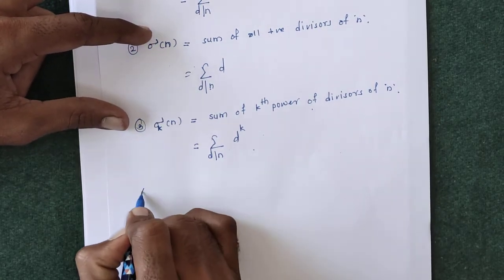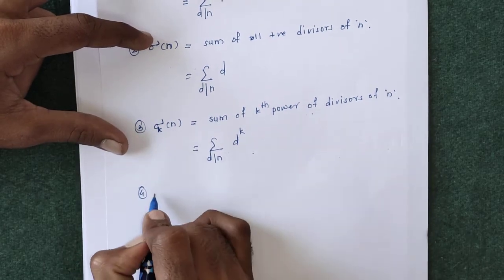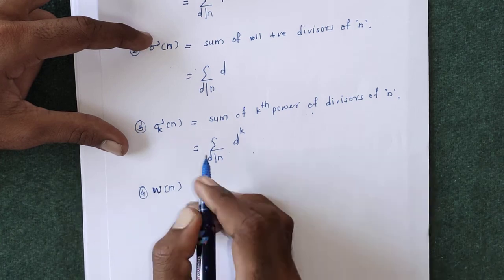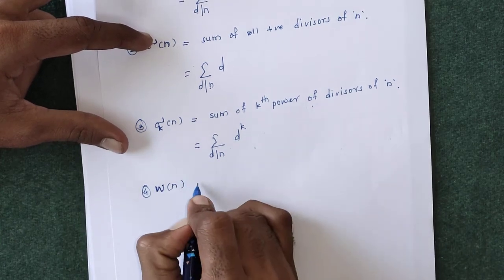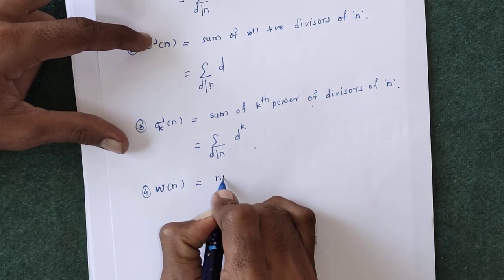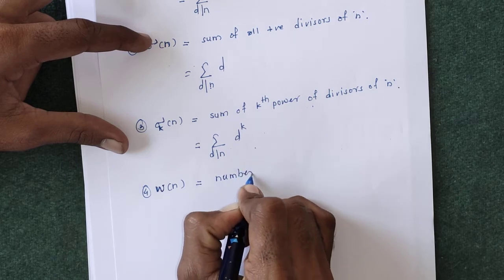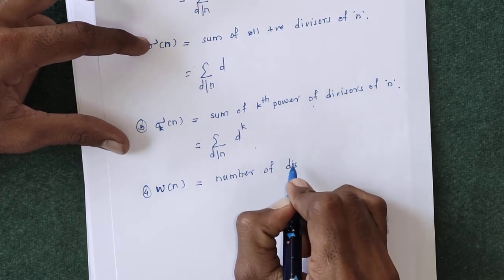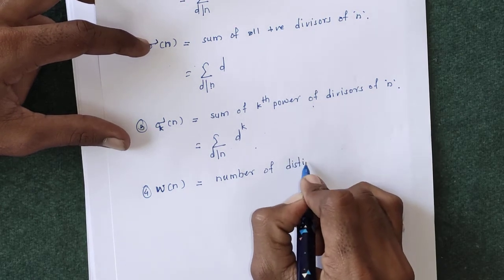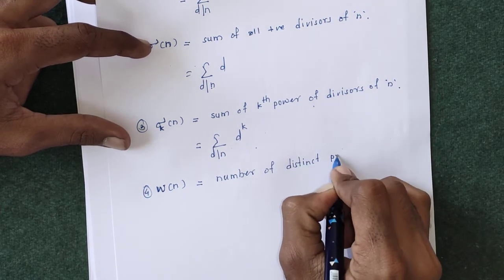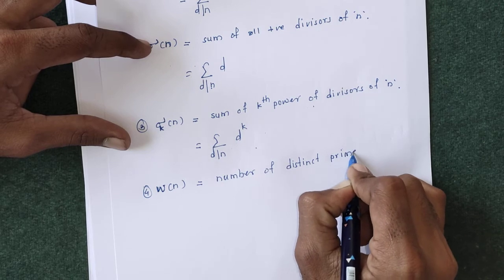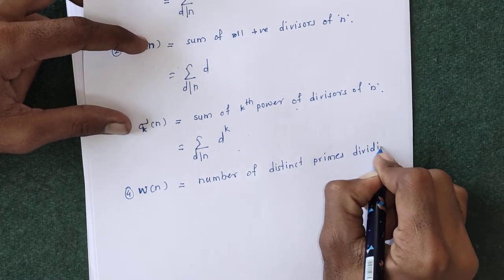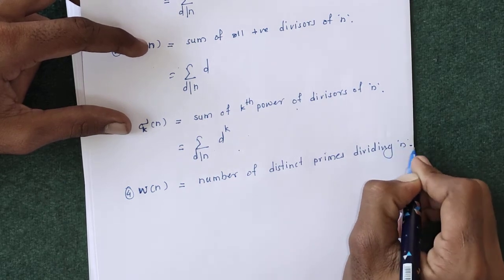So the next definition is omega of n. Omega of n means the number of distinct primes dividing n.